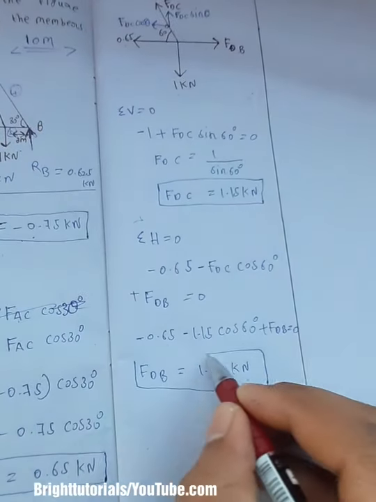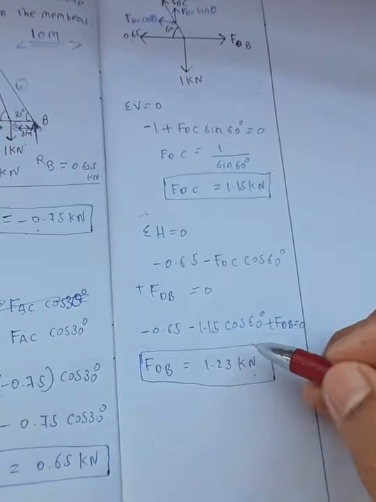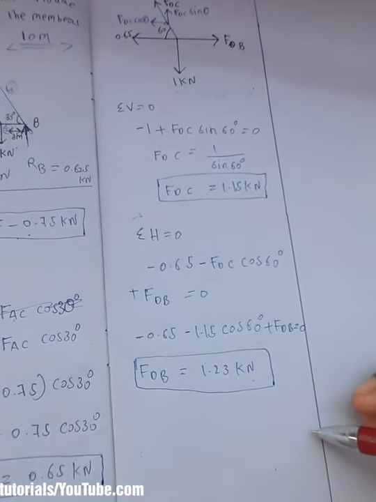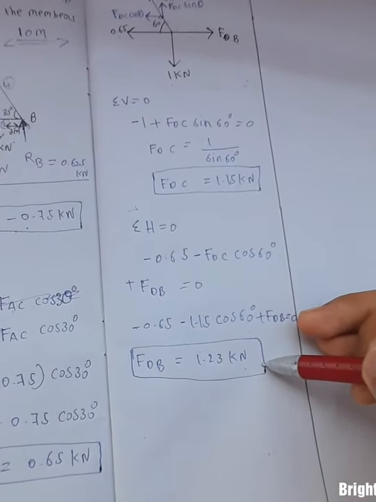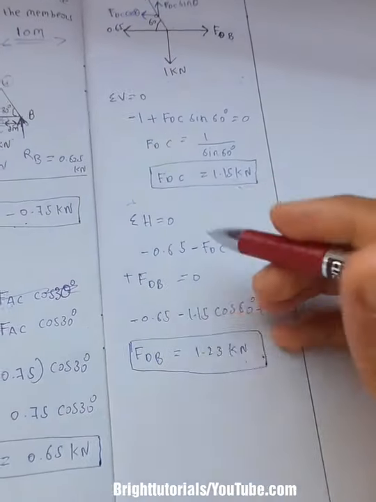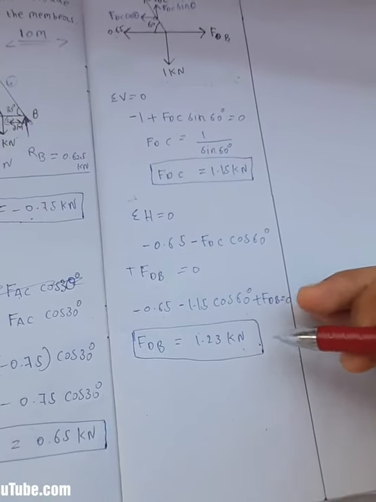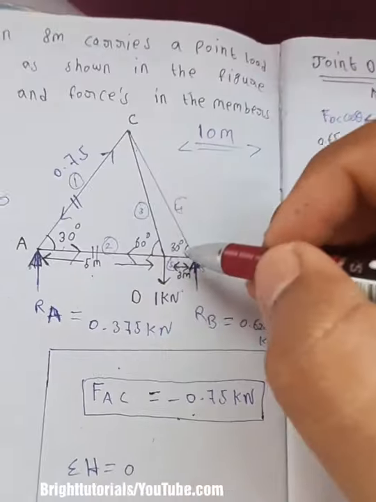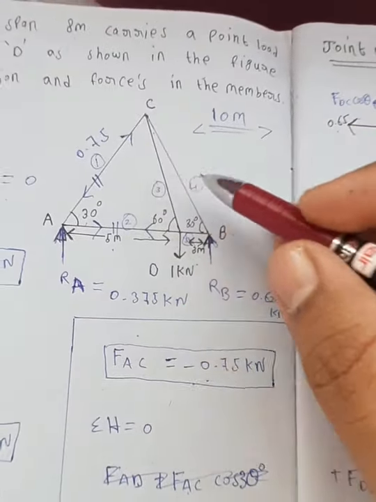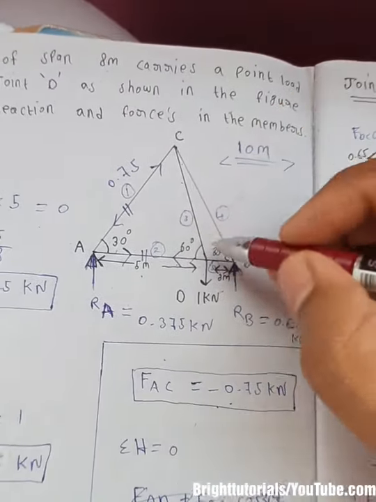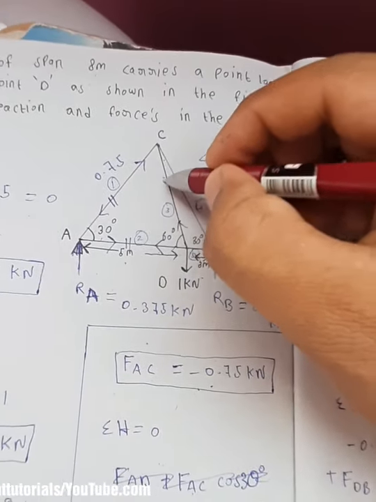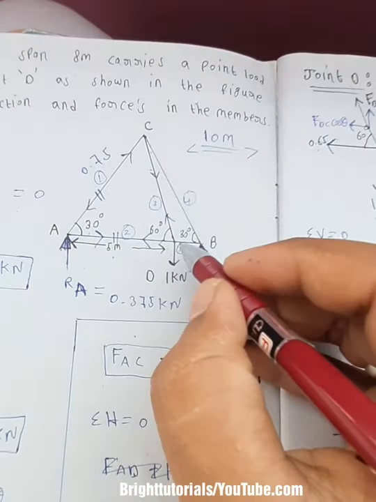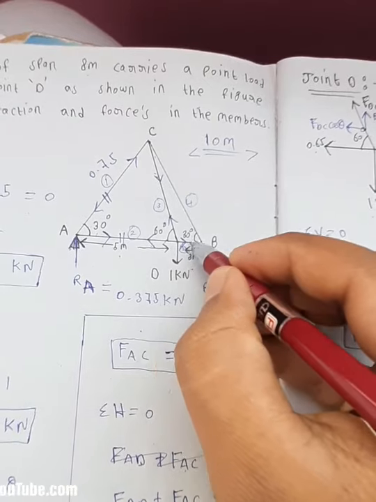So we have found the value of 2 forces, FDB and FDC. Both the forces are positive, so it means that both are compressive forces. FDC is a compressive force, so that means like this, the symbol of compressive force, and another force FDB is also a compressive force, means like this.